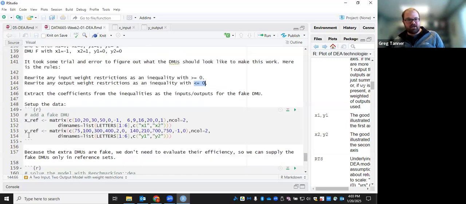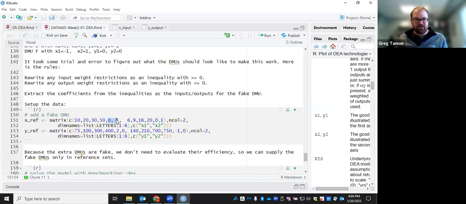So here we're going to create the fake DMUs. They end up being just extra values in this matrix. Be a little bit careful where you're inserting those values, because unfortunately the data for the DEA library wants to be a matrix and not something easier to work with like a data frame.